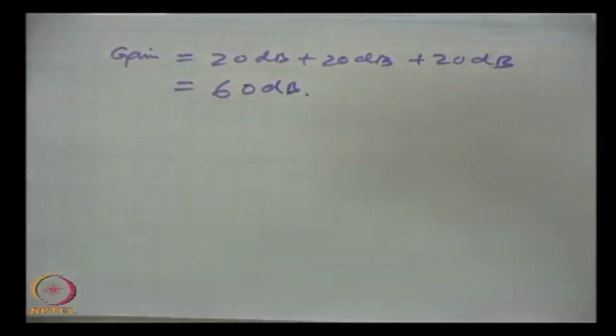So, while the gains when not expressed in dBs, they are product, but once they are expressed in dBs, they are additive. So, this is about gains. I repeat that gains are the product of individual gains, and when the gains are expressed in dBs, then they are additive.